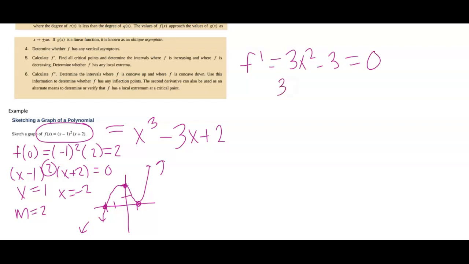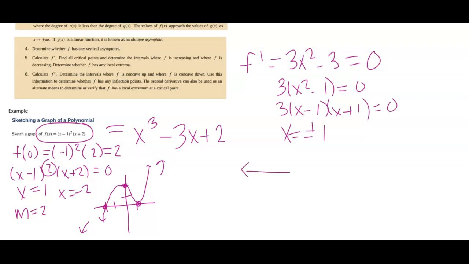I'm going to factor out a 3. I'm left with x squared minus 1. And I get 3 times (x minus 1)(x plus 1). And so it looks like I have critical points at plus or minus 1. Let's go ahead and test this on a number line.